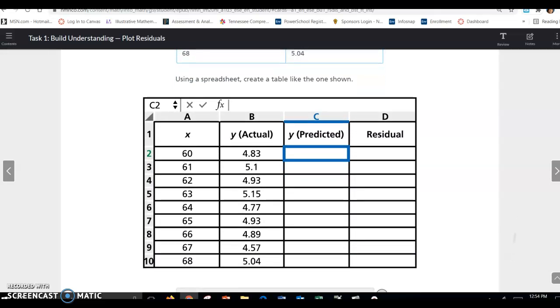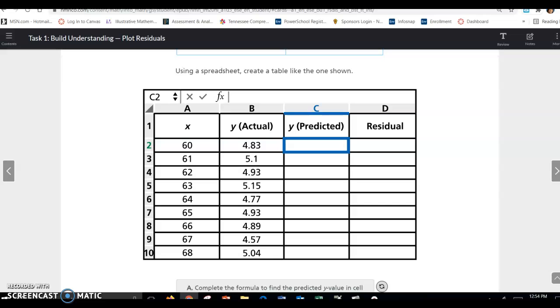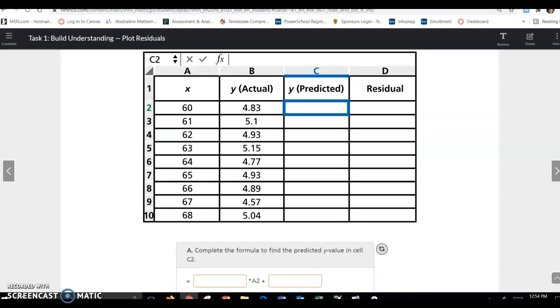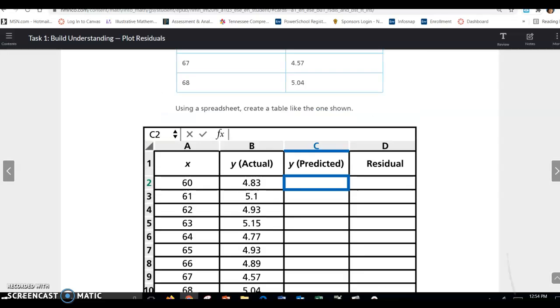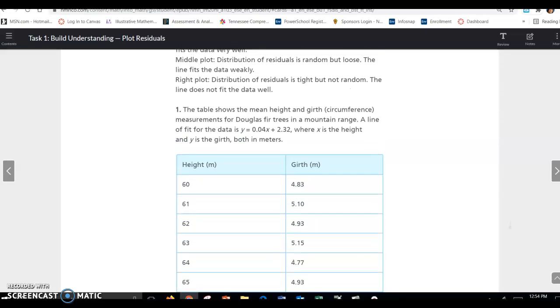Using a spreadsheet, create a table like the one shown. What we're going to do is take the equation and find out what the predicted value is by simply plugging in the x. If you look right here, they gave us this predicted value, and the equation is 0.04x plus 2.32.